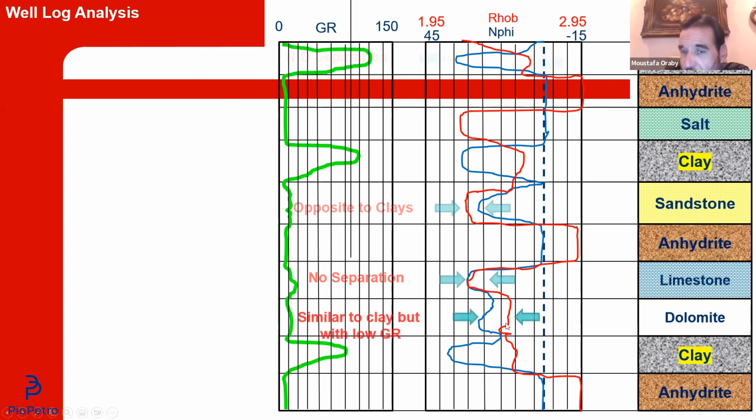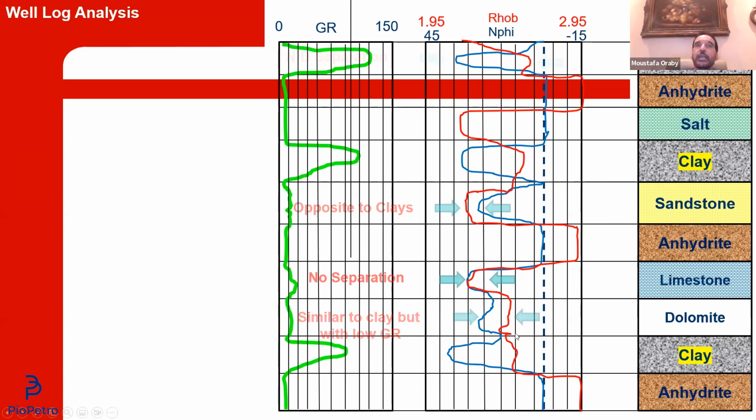Here is neutron left and density right. It's dolomite. Say, oh, how can I differentiate it then? If the clay is the same as dolomite, say, no. Clay has another thing. Gamma ray is high. But dolomite, no, gamma ray should not be that high because it's a reservoir. So when I see gamma ray is low and the separation is similar to the clay separation, that's a dolomite.